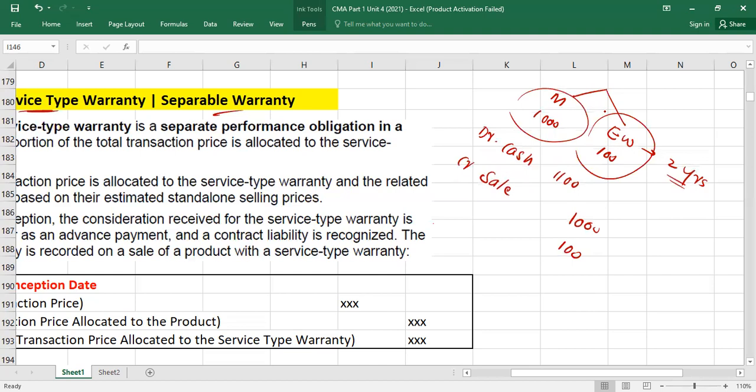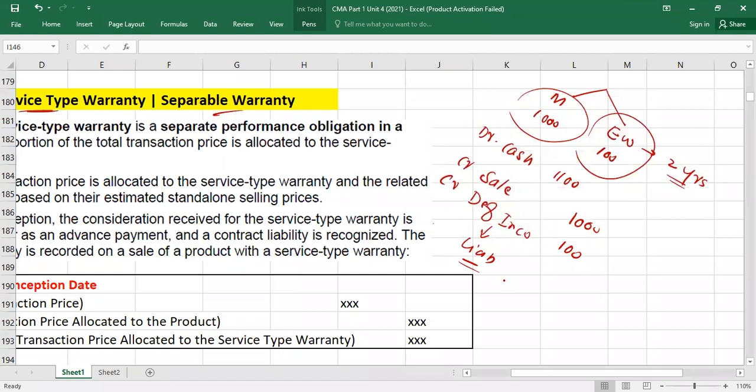Deferred income, deferred revenue. You cannot book it immediately right now, because this revenue should be booked over 2 years. Because your performance obligation is not satisfied, you have to provide warranty services for 2 years. So that is why we will credit the deferred revenue, a deferred income. Okay, this deferred income is like a liability.